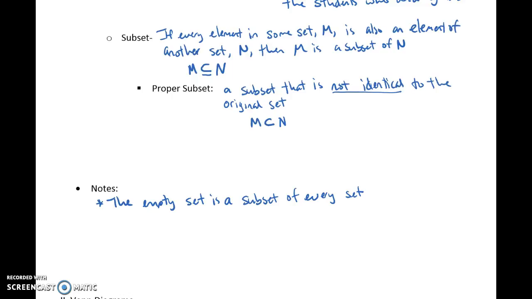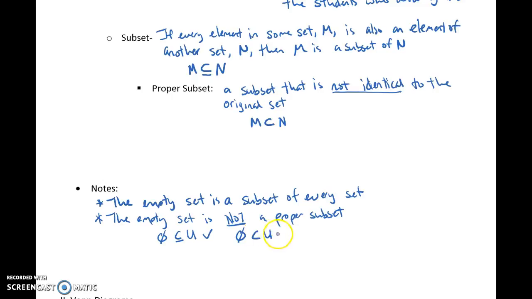So the empty set is a subset of every set, but the empty set is not a proper subset. That's something to make sure you clarify. You would say something like the empty set is a subset of, for example, U. That's okay, but you would never say the empty set is a proper subset of U. This is not okay. So it's just a subset, not a proper subset.